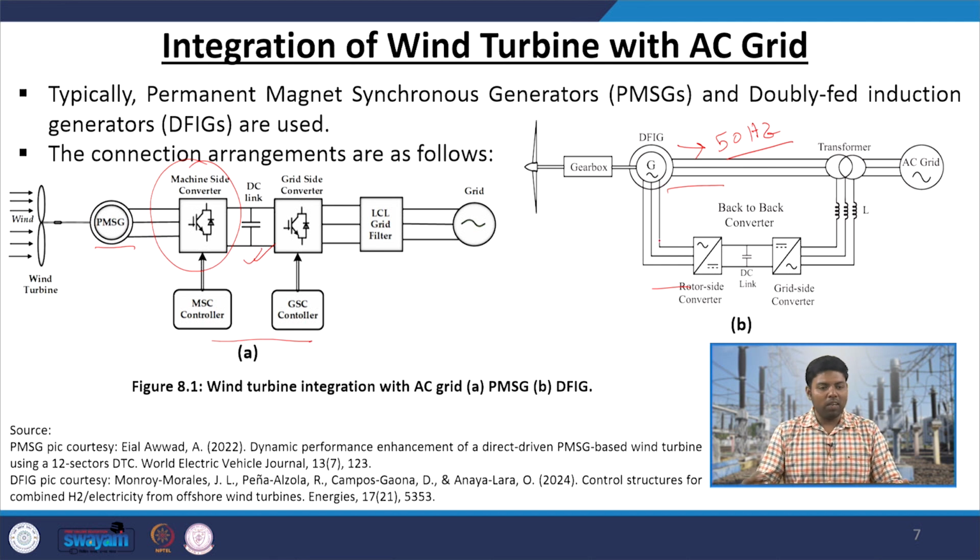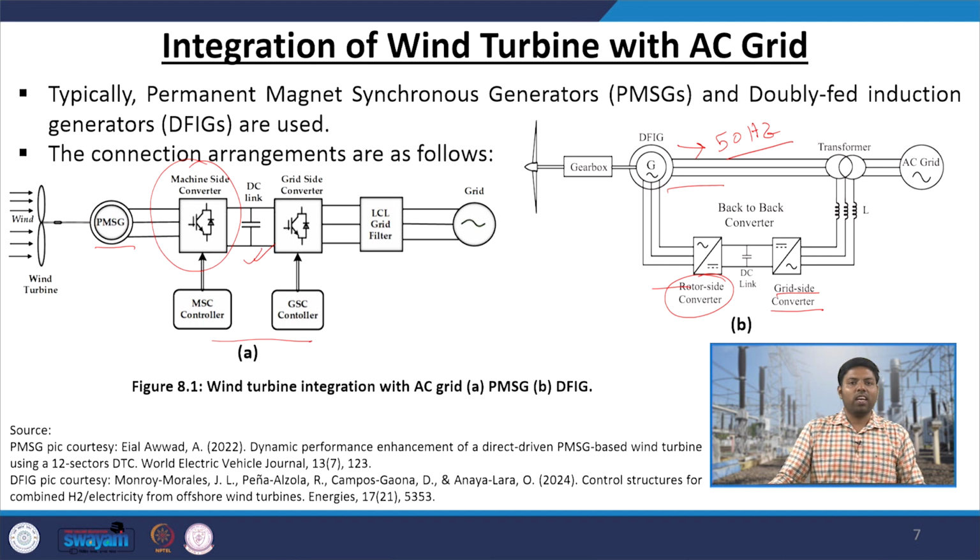So, at that time the rotor frequency is not equal to your grid frequency. So, at that time what do we use? We convert the rotor power first from AC to DC by using a rotor side converter, and then convert again from DC to AC, synchronizing with the grid frequency and grid voltage, with a grid side converter, and connect it with the grid. So, this is the overall connection diagram for the turbine with the AC grid.